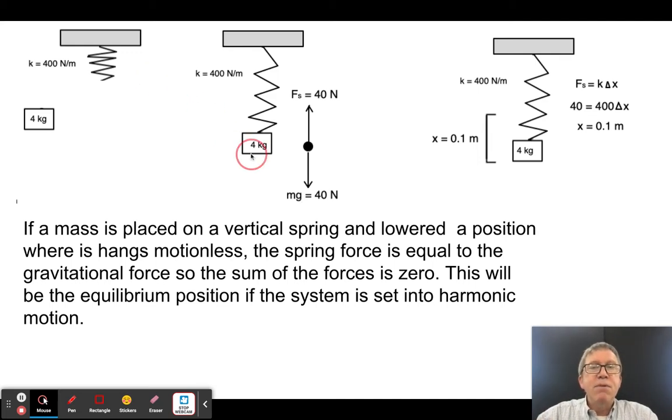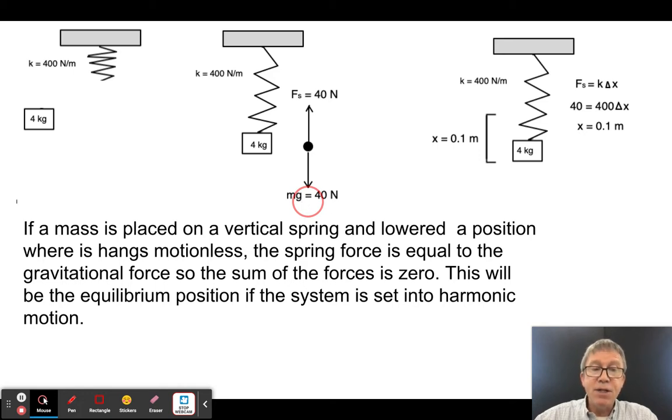Well, if I do that, what I'm going to find is that since mg is 40 newtons, right, 4 kilograms times 10 is 40, then the upward spring force has to also equal 40 newtons. And if I look at my spring constant being 400, then I can see that this gives me a displacement of the spring of 0.1 meters. So if it moves 10 centimeters, 0.1 meters, at that point the system is at rest. Well, the sum of the forces here is zero.